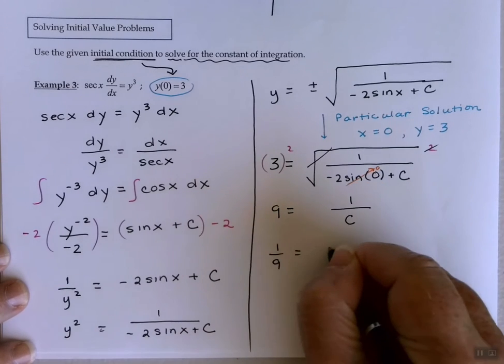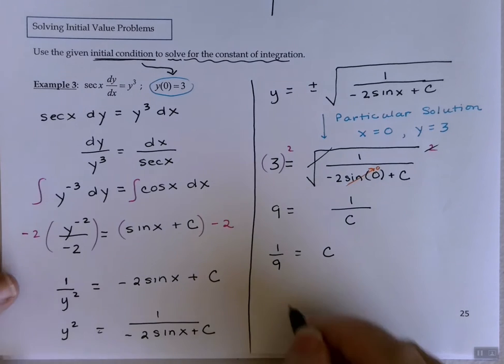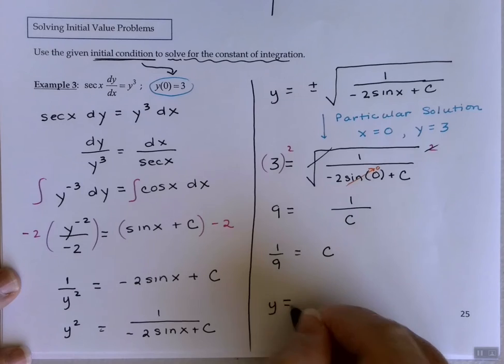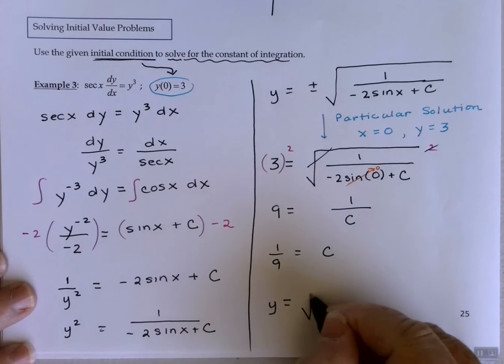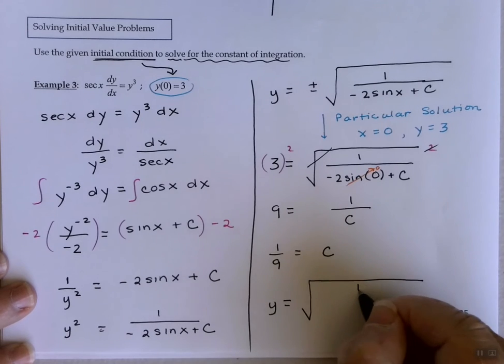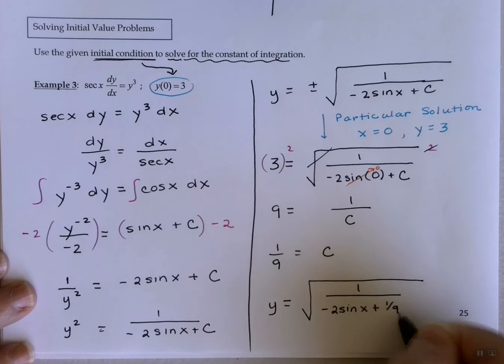C is 1/9. I now know the constant, and that means that my particular solution is y equals, and for this particular solution we had to take the positive square root, 1 over negative 2 sine x plus 1/9.